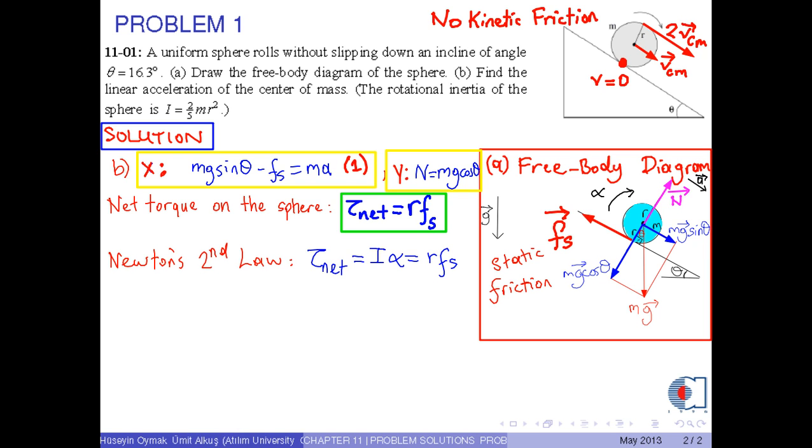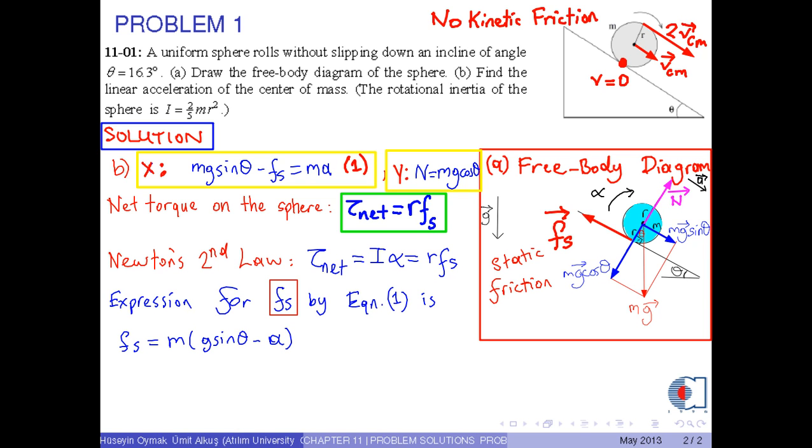Here, we use Newton's second law for rotational motion, that is, net torque equals I times alpha, which is equal to r times Fs. We use the expression for Fs from equation 1 as Fs equals m times g times sine theta minus a.